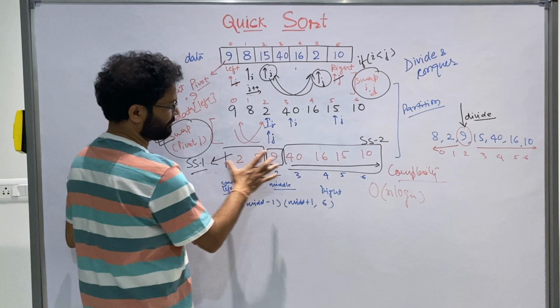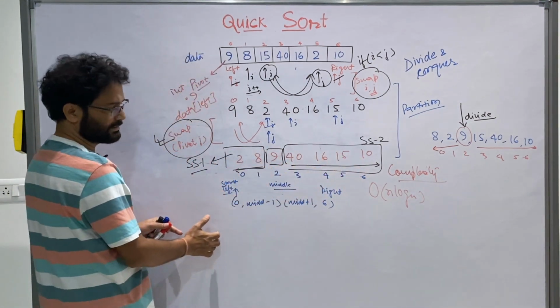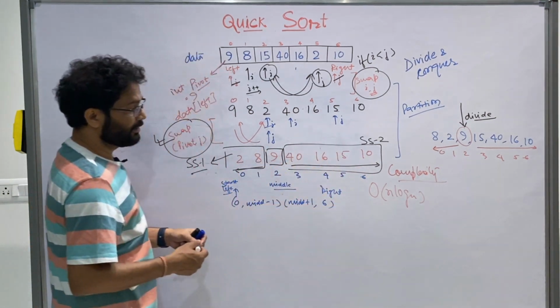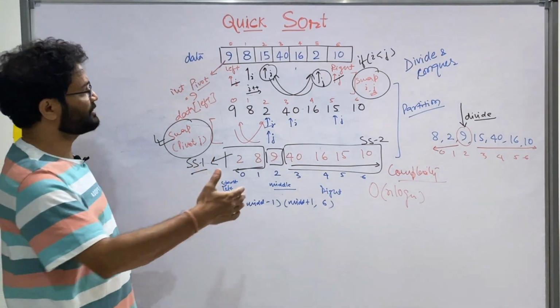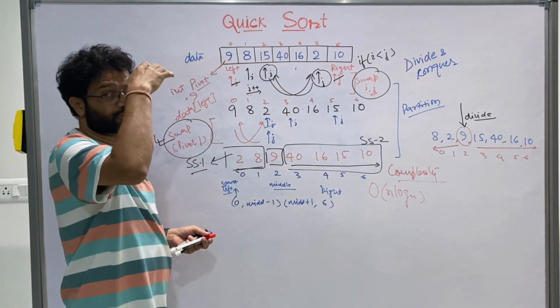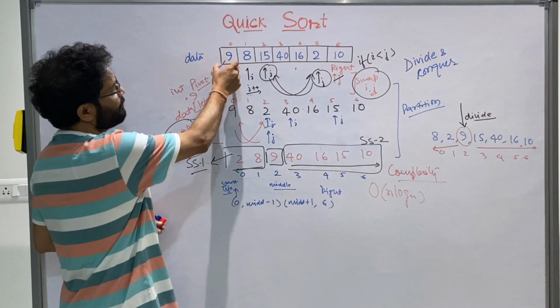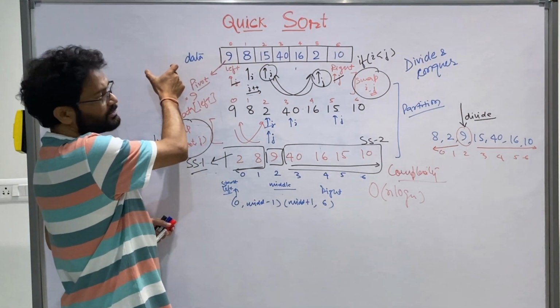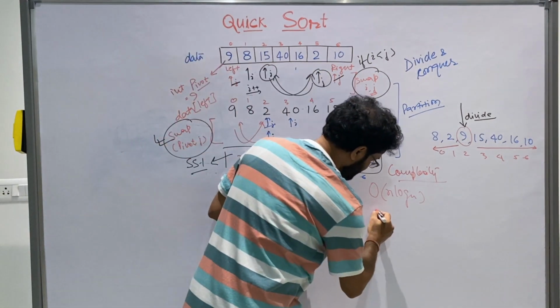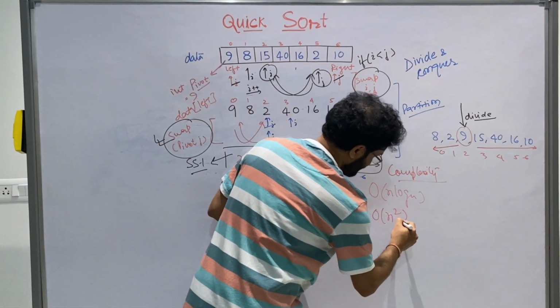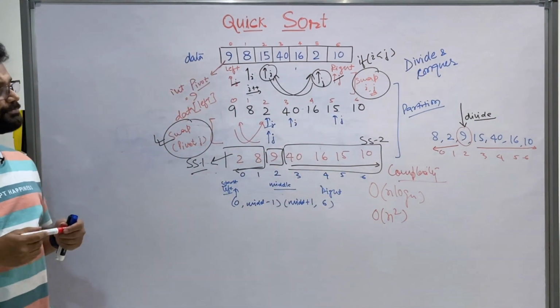So here 3 elements, here 4 elements, here 6 elements, here also 6 elements. But suppose I give you unbalanced data, meaning data that is already sorted. In this case, what happens? Nothing goes to the left side, everything is on the right side, right? In that case, in the worst case, your complexity becomes n square.